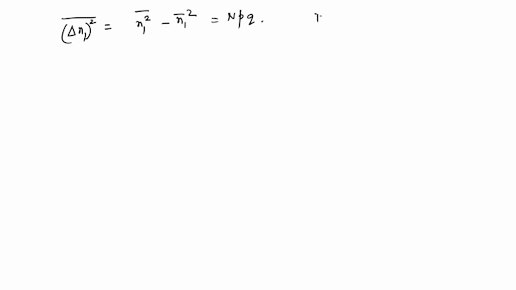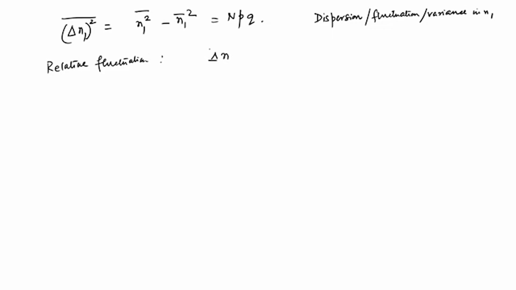So, this is called dispersion, or fluctuation, or variance in n1, that is. Okay. So, now if you take the relative fluctuation, that is, you calculate delta n RMS, we take the root of that.